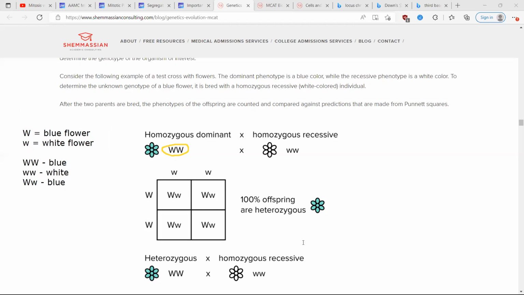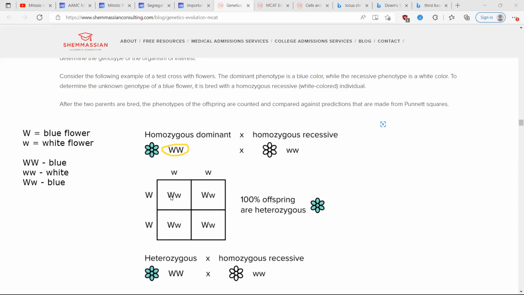So we can see that if it's a dominant, this is called homozygous. Homozygous dominant means you have identical alleles for the dominant, and homozygous recessive is you have identical alleles for the recessive trait. So if a homozygous dominant and a homozygous recessive cross, you will always get blue flowers, but they are heterozygous, because homozygous blue would be capital WW.